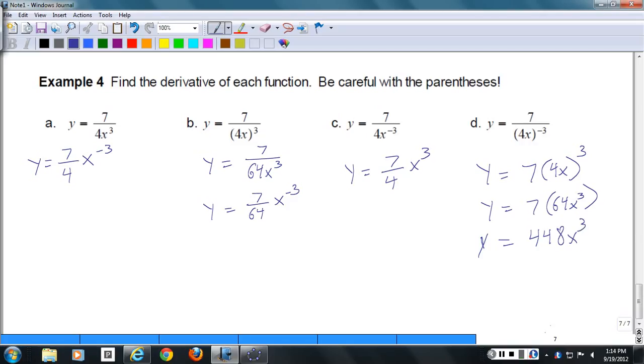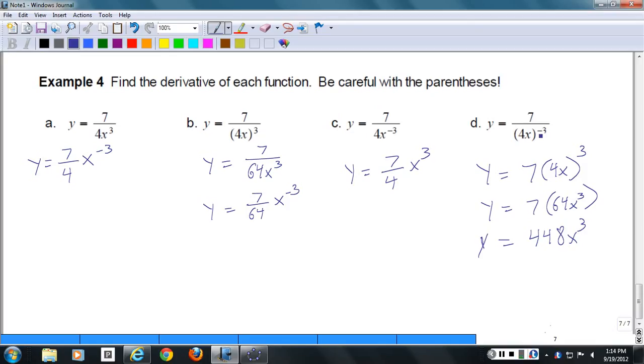Why didn't we just pull the x out like we did for the rest? For this d part, because of the parentheses, and because we had a negative exponent on the parentheses, I suppose I could have worked in the denominator first.